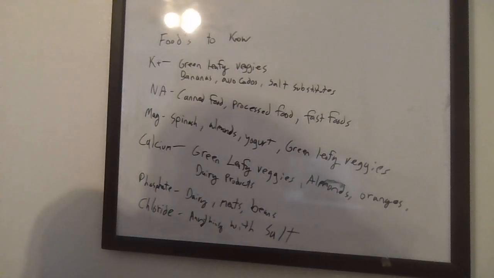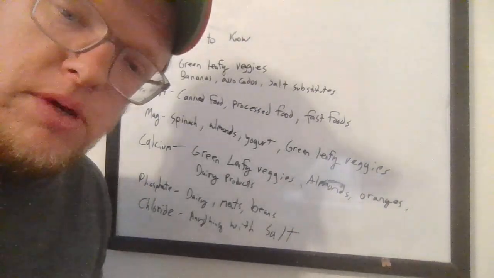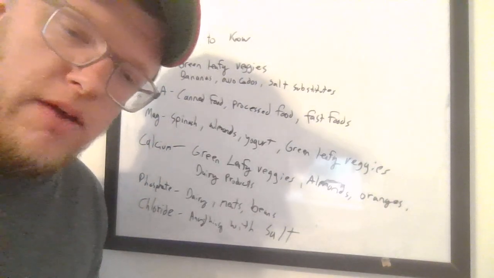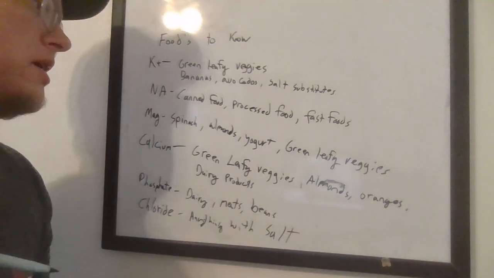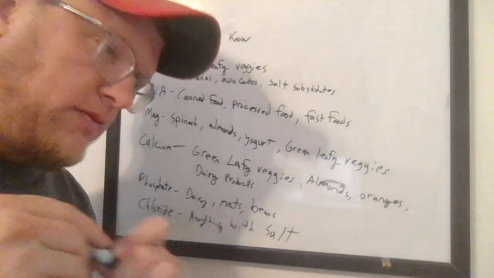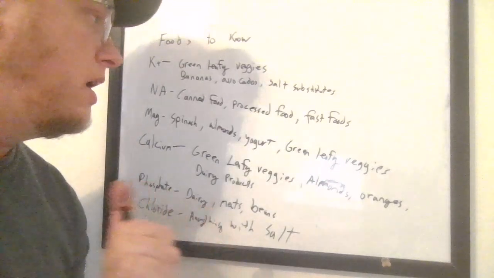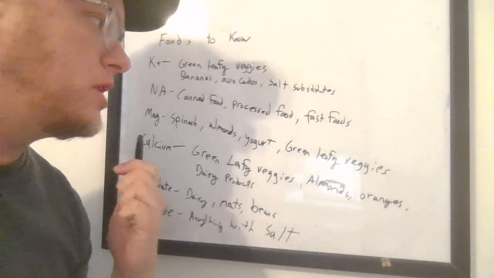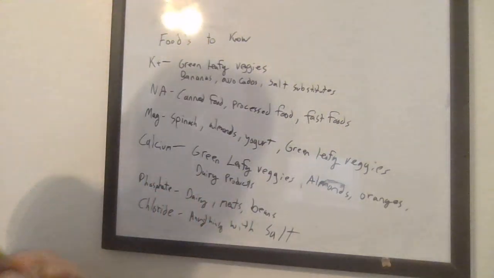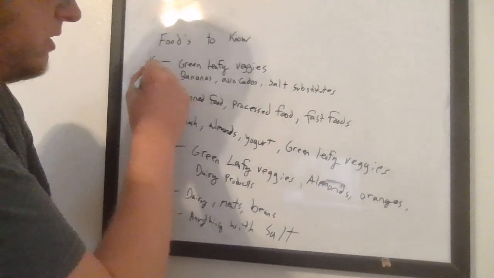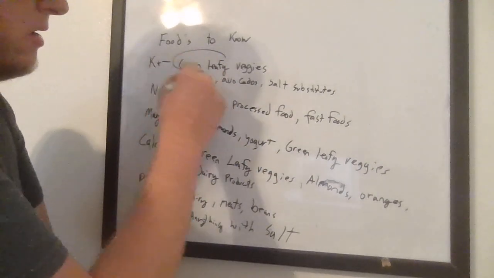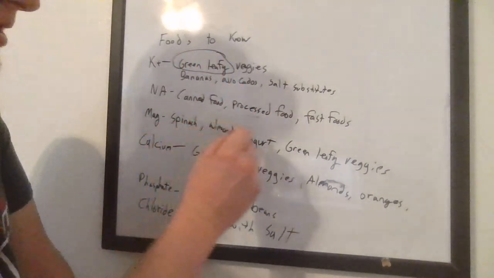Okay, green leafy vegetables, they have been around forever. I remember being in nursing school, and the joke was that if you didn't know the answer, and green leafy vegetables was a choice, pick it. Green leafy vegetables are good for potassium.